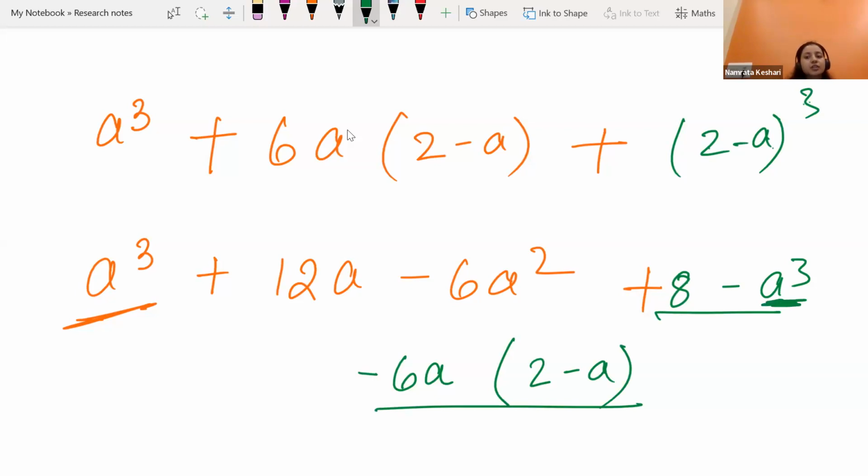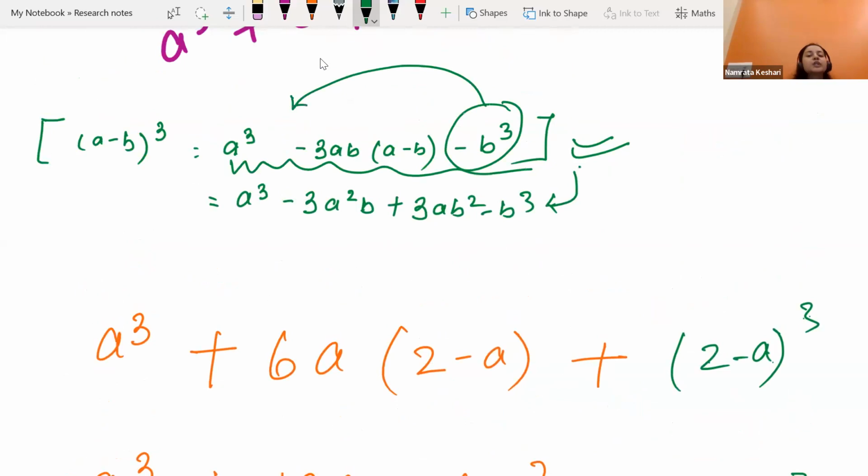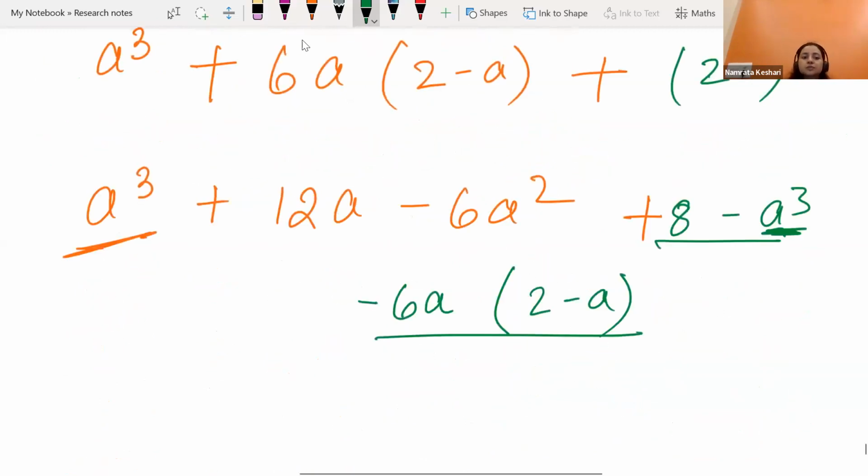Okay, this formula we have used. B cube you are writing at last or just after A cube, doesn't matter. Why? Because in the integers chapter you have learned minus 3 plus 4 minus 5 or minus 3 minus 5 plus 4 is the same thing. Okay, let's continue.